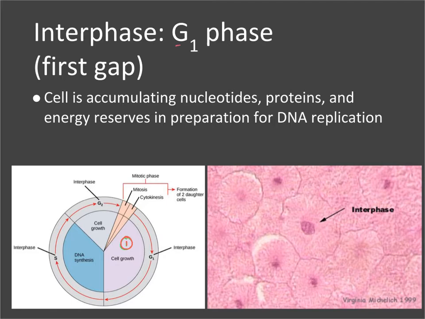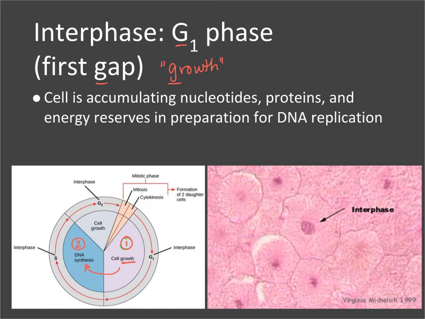And the G for the G1 phase technically stands for gap, but I like to think of it as standing for growth because this is a time of growth for the cell. So the next phase that's going to be happening is the S phase, which is DNA synthesis. So think about the cell is growing and preparing to make DNA. So you can imagine what it needs to do in order to prepare to replicate DNA.